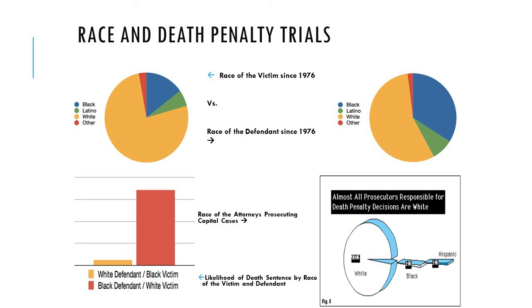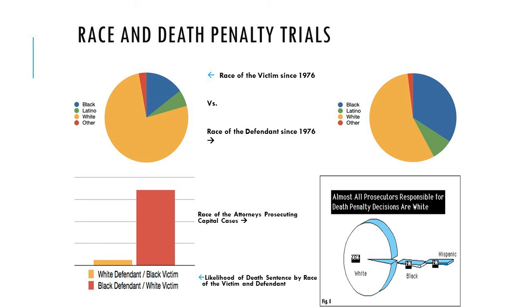So it's almost 3 times representation there. Additionally, when you look at the race specifically of the offender and the victim, it's very apparent that black defendants that kill a white victim are much more likely to face the death penalty than any other combination of racial group, especially when you look at the opposite, a white defendant with a black victim, there's very little likelihood of facing the death penalty.